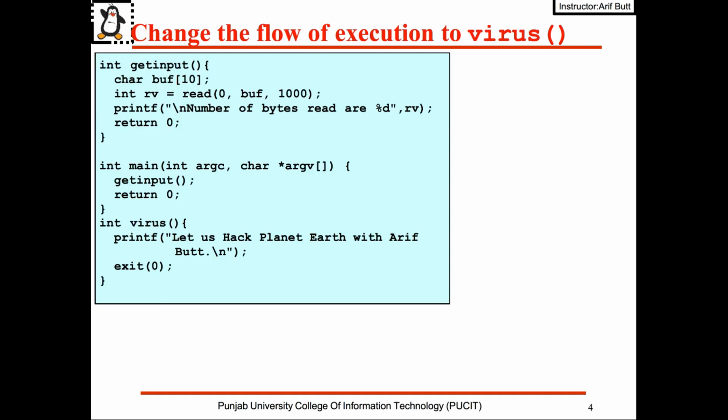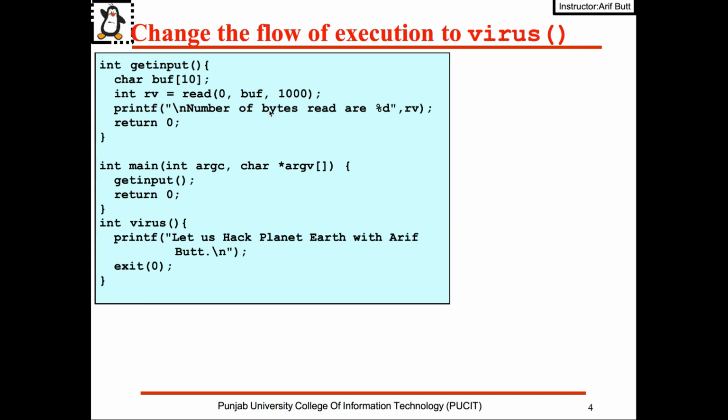This slide shows our vulnerable program named virus.c. The main function over here calls the get input function, which creates a buffer on the stack of size 10 bytes to store the characters given via keyboard using the read system call. And there you see the vulnerability, and that is, instead of reading 10 characters, it is reading up to 1000 characters.